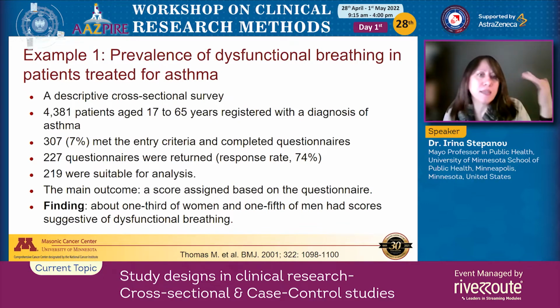They found that about 1/3 of women and 1/5 of men had scores suggestive of dysfunctional breathing. So this is an example of a simple prevalence assessment study in a cross-sectional study design.